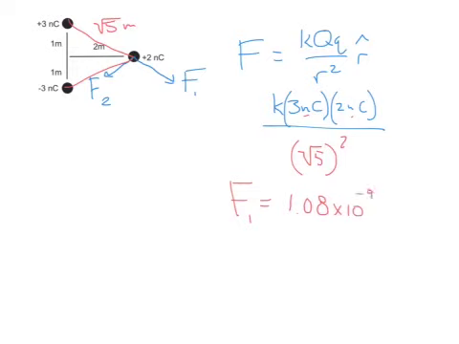Okay, and if that's all that we wanted to know, then that would be pretty straightforward. But since we're trying to add F1 and F2 together, we're going to need to do a little bit more. This is where the vector addition part comes in. All right, now, if you plugged in the same numbers for F2, we're going to get that F2 is the same thing, except that the directions are, as you can see from the diagram that we drew, a little bit different.